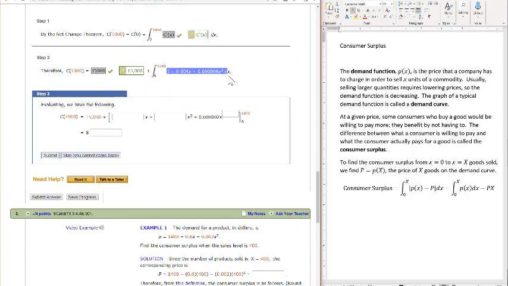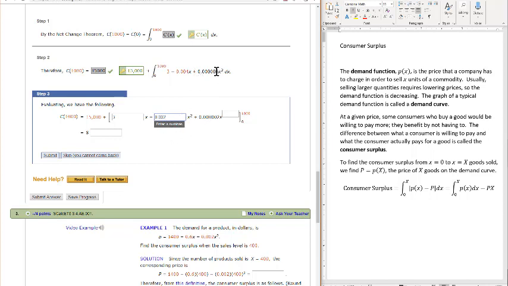So the antiderivative of this thing is going to be, the first term is going to be 3x, and then we have this thing, x. Oops, there's an x out here already, so let's take that x out. It's going to be minus this thing x squared divided by 2, so we want 0.004 divided by 2, which is 0.002.